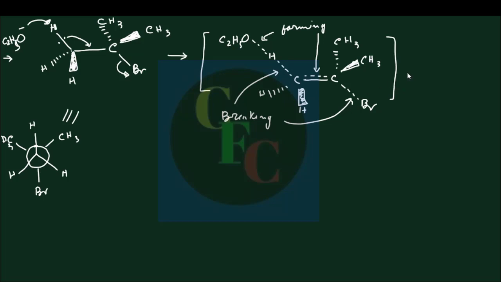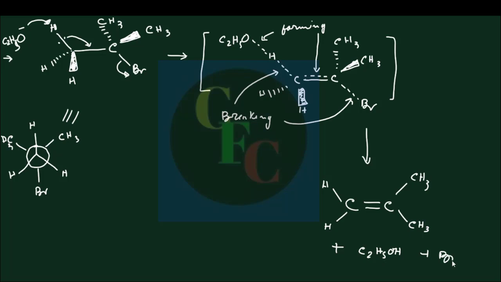And ultimately we have our desired product, the double bond, and what else we have? C2H5OH, that is ethyl alcohol, plus bromide ion. Of course it will be sodium bromide because we have taken sodium ethoxide. So this is the mechanism for E2.